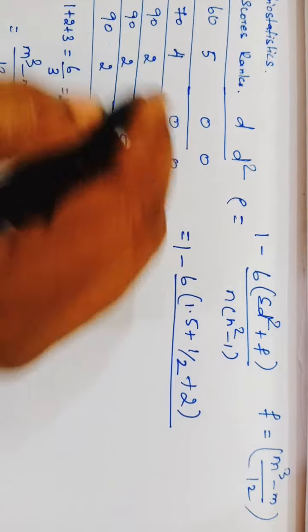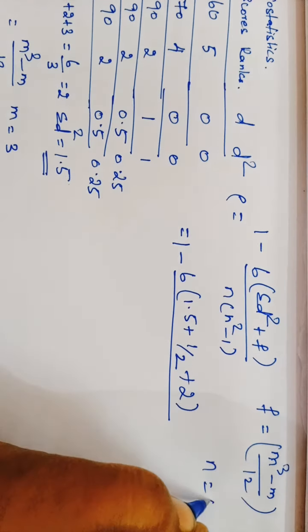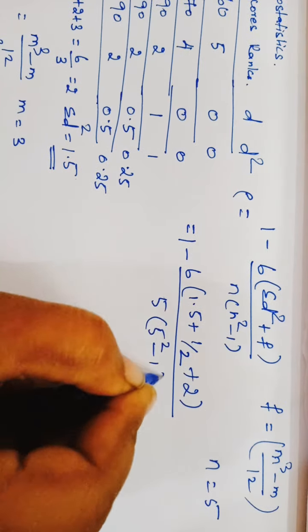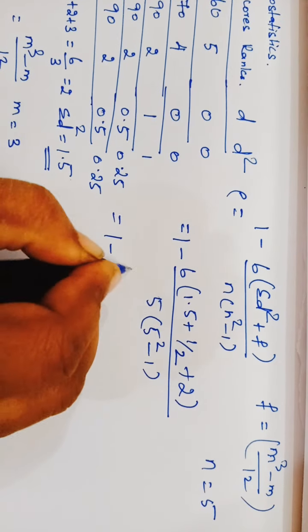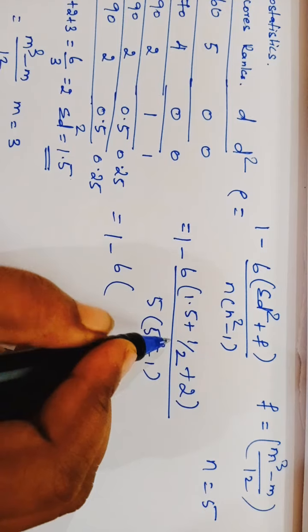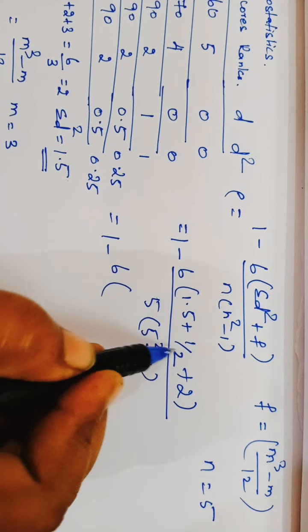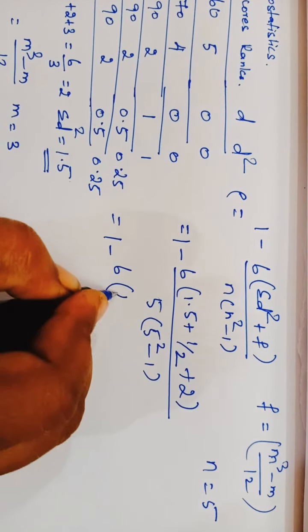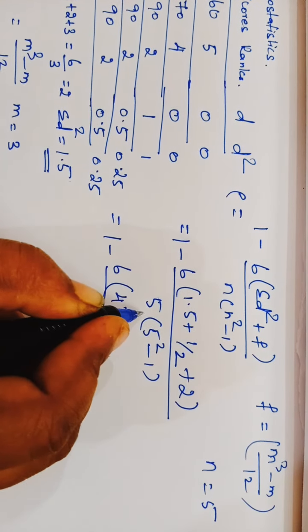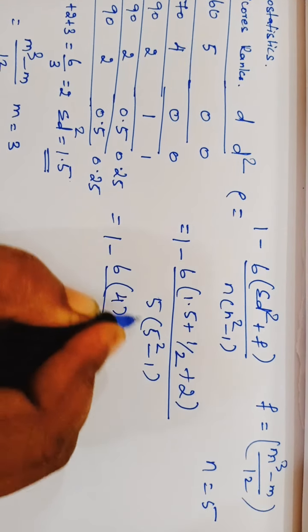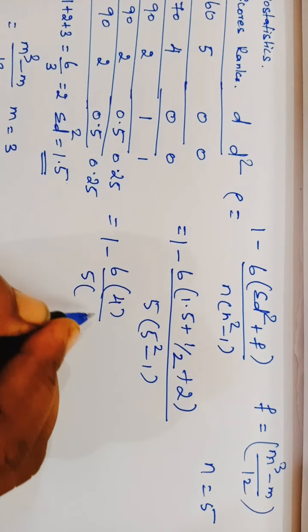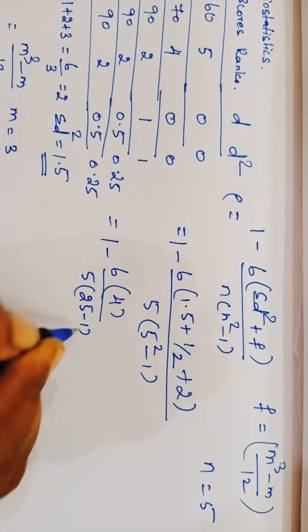Our n is 5 observations, so n is equal to 5, and we have 5 into 5 squared minus 1. So 1 minus 6 into, let us add all this: 1.5, plus half is 0.5, plus 2. So 2 plus 2, 4 we have, divided by 5 into 5 squared minus 1. 5 squared is 25, minus 1.